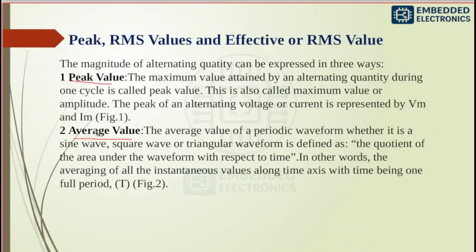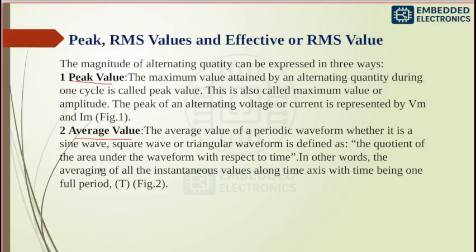Average value is defined as the quotient of the area under the waveform with respect to time. In other words, the averaging of all the instantaneous values along the time axis with the time being one period.